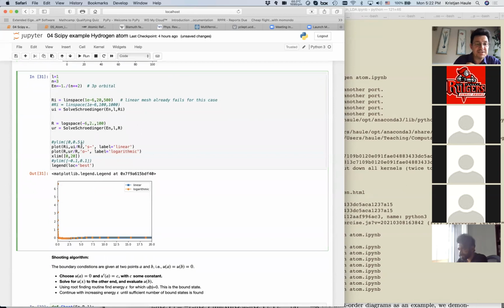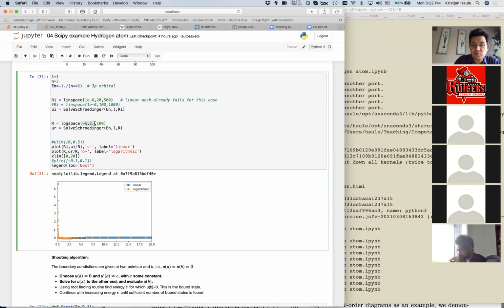So I want to show you this example. Instead of a linear mesh, we can take a logarithmic mesh. Right now we use a linear mesh from 0 to 20 with 500 points, but we can also take a logarithmic mesh from 10 to the minus 6 to 10 to the power of 2, which is basically up to 100.